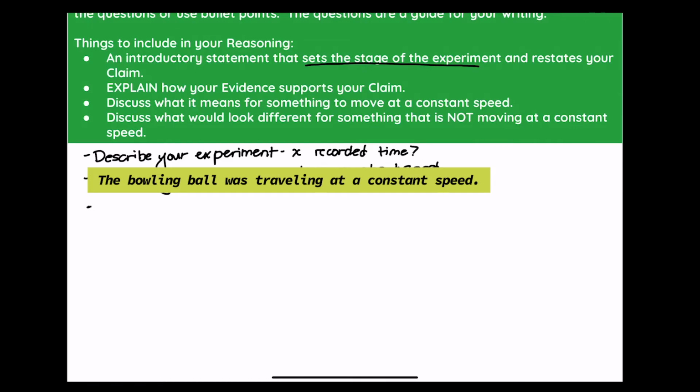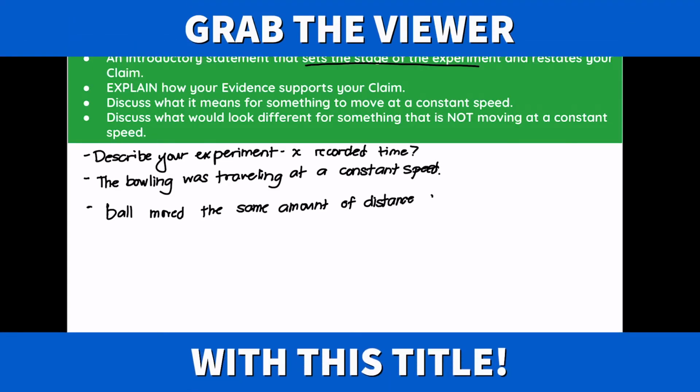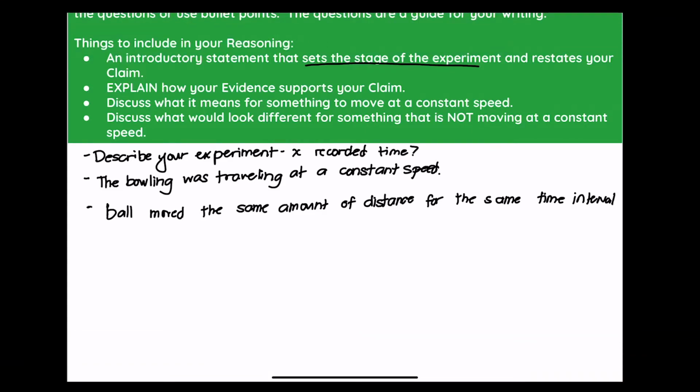All right, so then you explain your evidence. So then the explanation for this is the bowling ball, so I'll just say ball, moved the same amount of distance for the same time interval. Okay, and then more specifically, I'm just going to restate what we wrote, right?